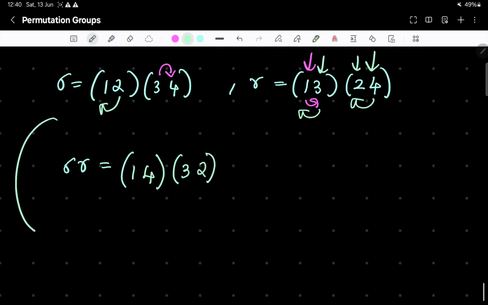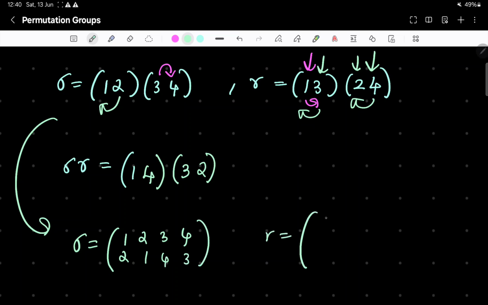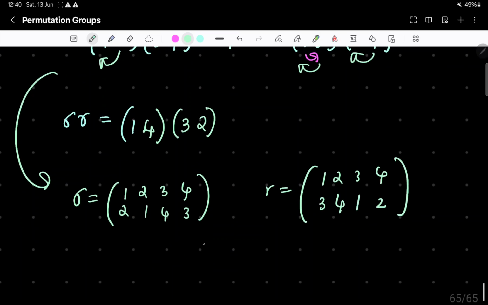So maybe you can check. Sigma is (1 2 3 4): 1 goes to 2, 2 goes to 1, 3 goes to 4, 4 goes to 3. Gamma: 1 goes to 3, 2 goes to 4, 3 goes to 1, 4 goes to 2.